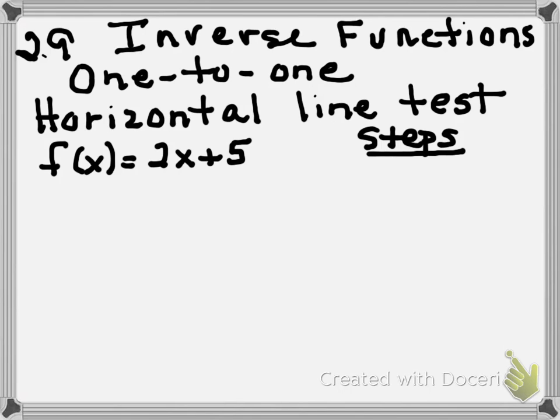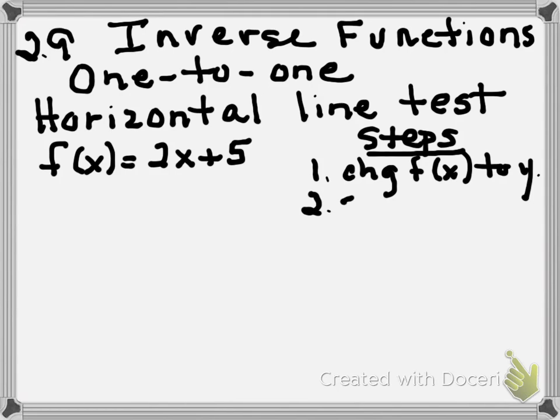So I'm going to look at a linear function, f of x equals 2x plus 5. I'm going to be graphing it, but I want to be able to write the equation of the inverse and the steps that I need to follow. Step 1, I'm going to change f of x to y.